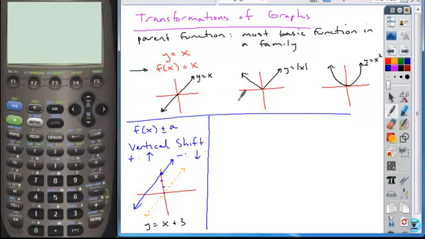And we also have horizontal shifting. And that occurs if the transformation is happening inside the function. If you're adding or subtracting something inside of your function, then you get a horizontal shift.